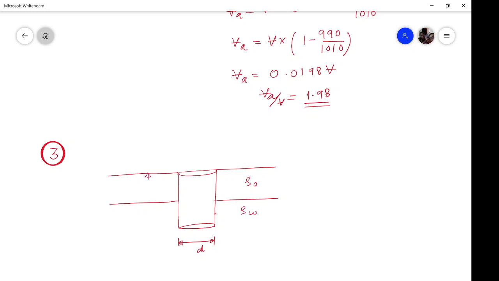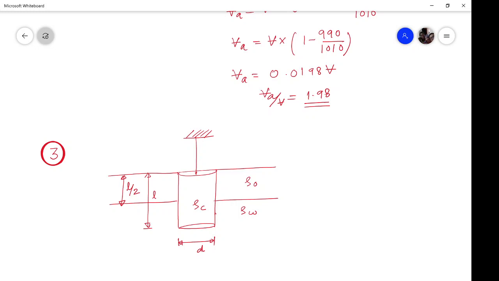So if the total length of the cylinder is L, this will be L by 2. Okay, now from the top you have a string which is holding this, and this cylinder is having, let us say, a density of rho cylinder. So the question is, what is the tension in this string?